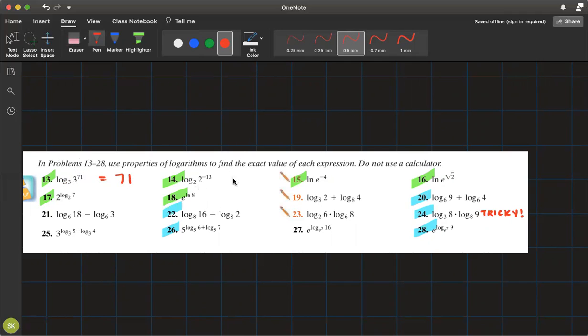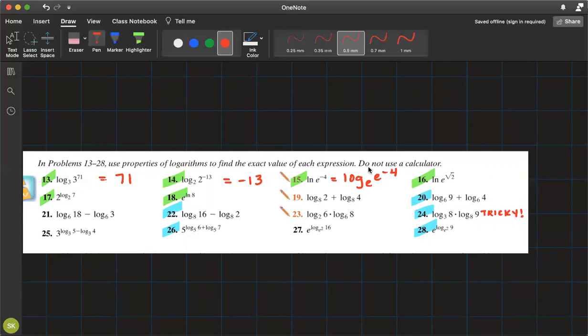This one's similar to the last one. This one's equal to negative 13. This one might confuse you at first, but remember that ln is the natural log. It's the same thing as log base e. So this is log base e of e to the negative 4th. So what does this equal?